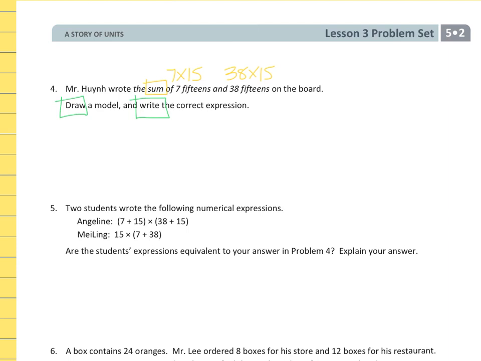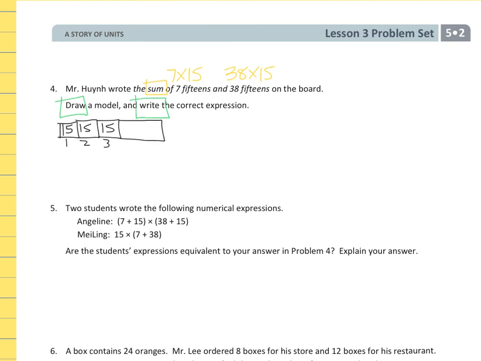So here's what we're going to do. We're going to show 7 15s. So I'm going to write my first 15 right here, and I'm going to do it 7 times. But I'm going to do a shortcut. I don't want to write 7 15s all the way out. So I'm going to say, here are my 3 15s. So 1, 2, 3.